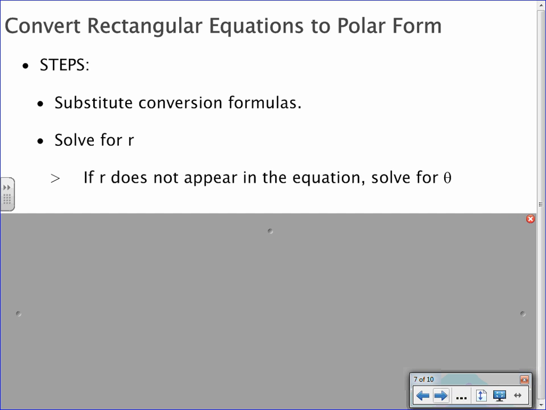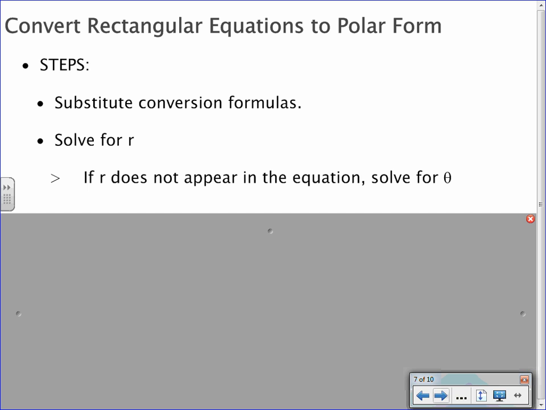Didn't we write down that y equals r sine theta? Okay. When you are solving these in polar form, I'd like them to be r equals something, unless the r disappears, and then you can solve for theta instead.